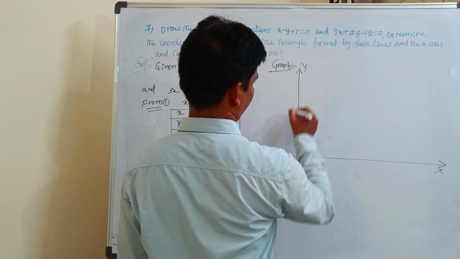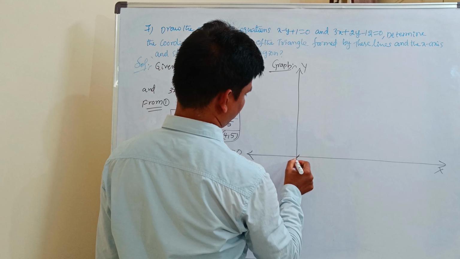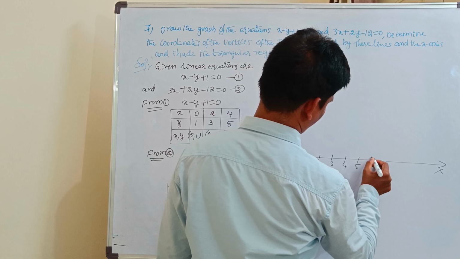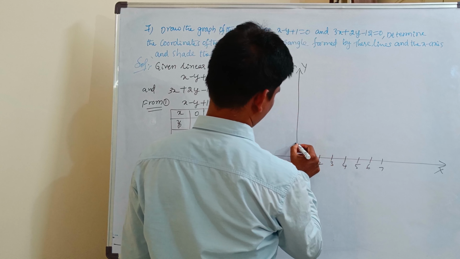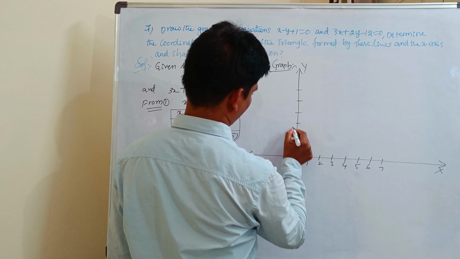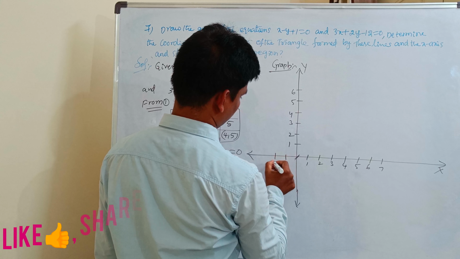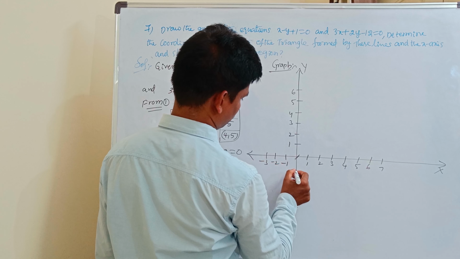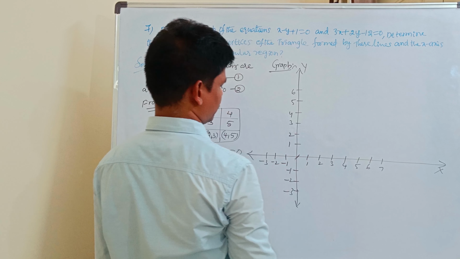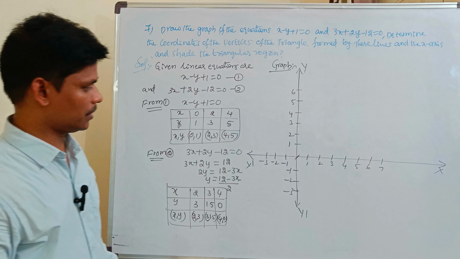And next take the graph. X-axis, y-axis. 1, 2, 3, 4, 5, 6, 7, and minus 1, minus 2 on the x-axis and y-axis, and take 1 centimeter is equal to 1 unit.